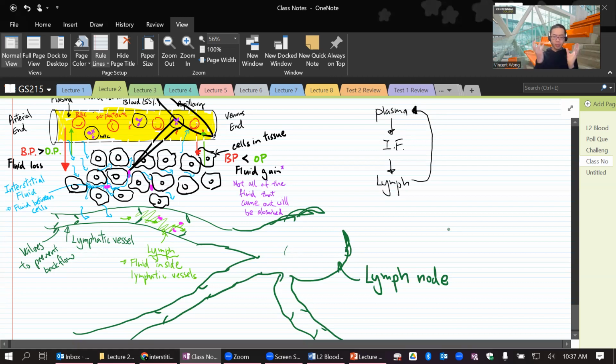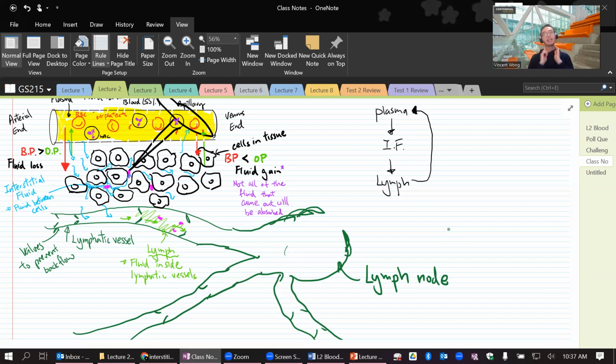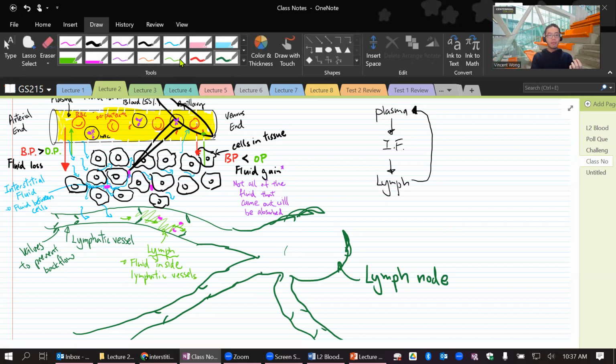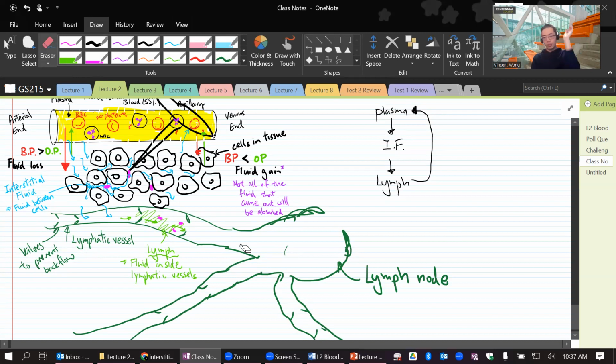And you have big lymph node clusters at several locations in the body: the ones in the neck, some around the armpit area, some in the groin area in your legs. And these lymph nodes serve as hubs to screen the lymph. All the lymph that you've collected from all the tissues is going to pass through the lymph node.